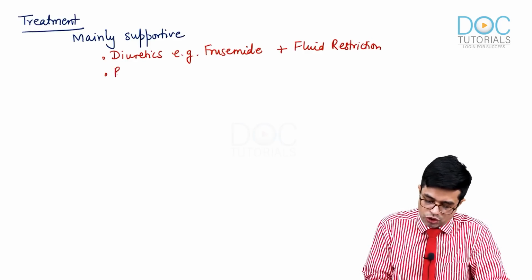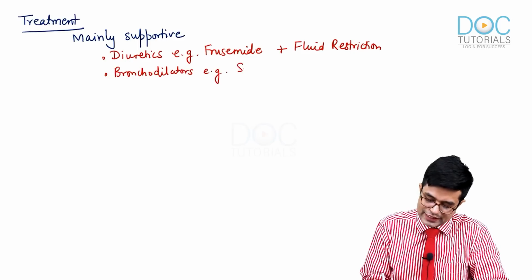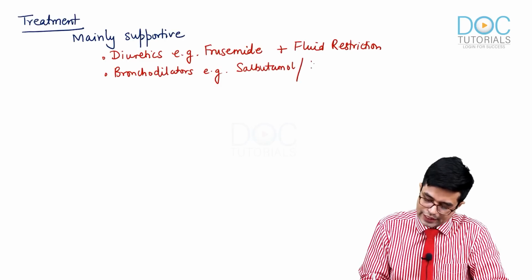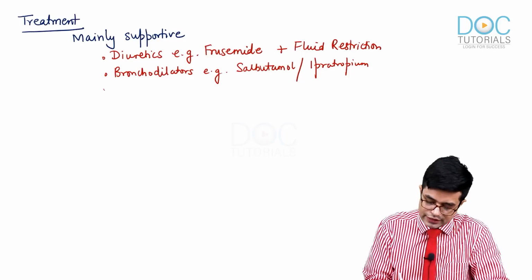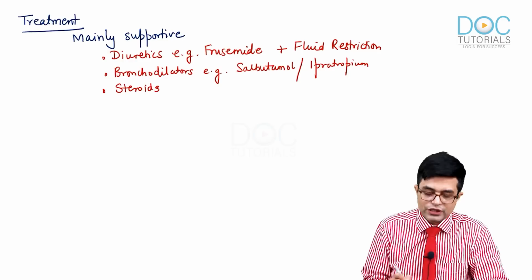Secondly, bronchodilators have been found to be effective. They decrease the airway resistance and so improve oxygenation. For example, you can use salbutamol or ipratropium bromide. Third category of drugs are corticosteroids. For example, dexamethasone can be given.